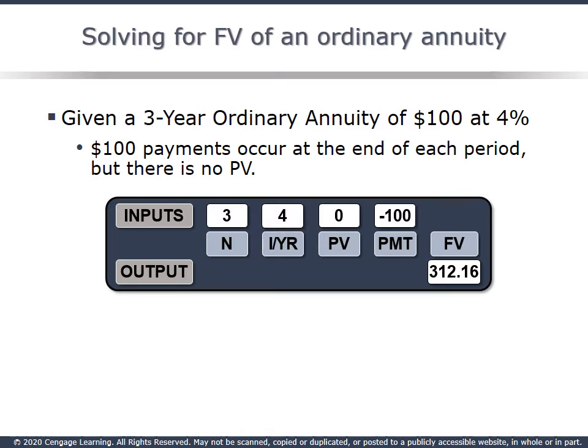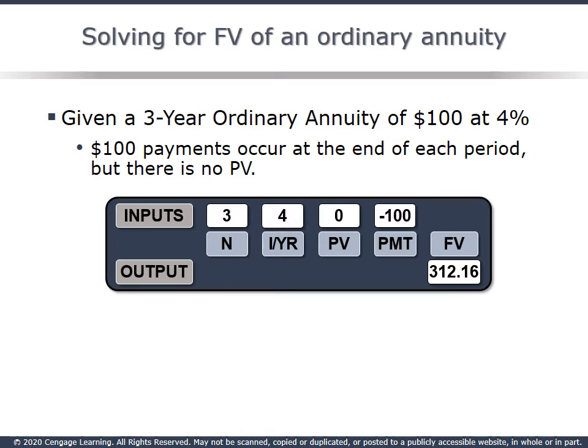So that means at the end of each time period and end of each year, $100 is going to be paid into an account paying 4%. At the end of year 3, we want to know what that series of payments or deposits has grown to become. So rather than one singular lump sum, we have a series of payments that are equivalent to one another.